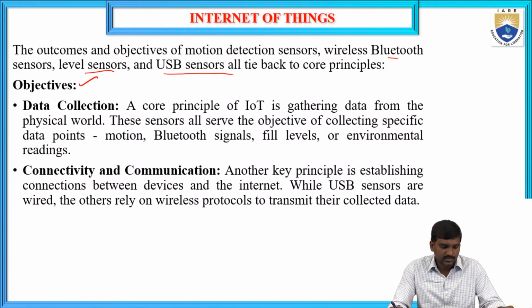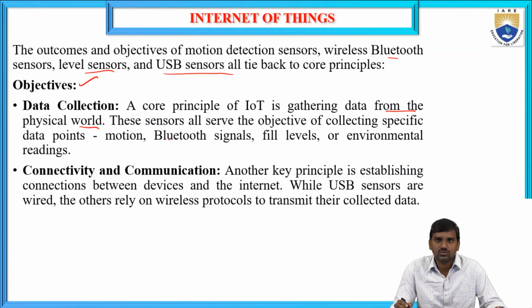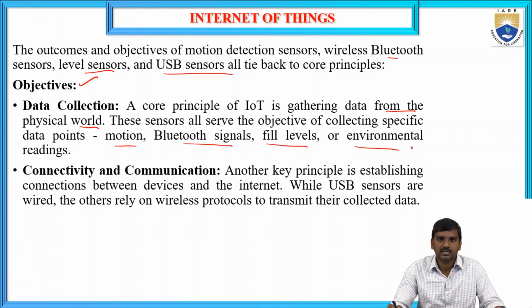Data collection, connectivity and communication. Data collection is nothing but gathering of data. The main aim of every IoT device is gathering some information, or collection of data. A core principle of IoT is gathering data from the physical world. These sensors serve the objective of collecting specific data points: motion, Bluetooth signals, fluid levels or environmental readings.